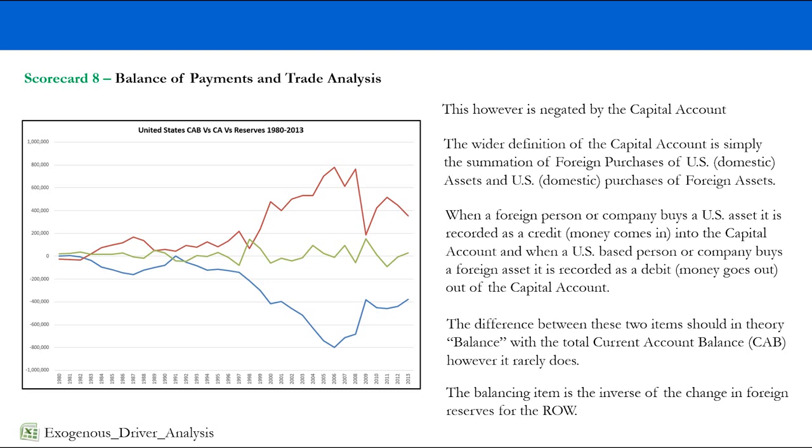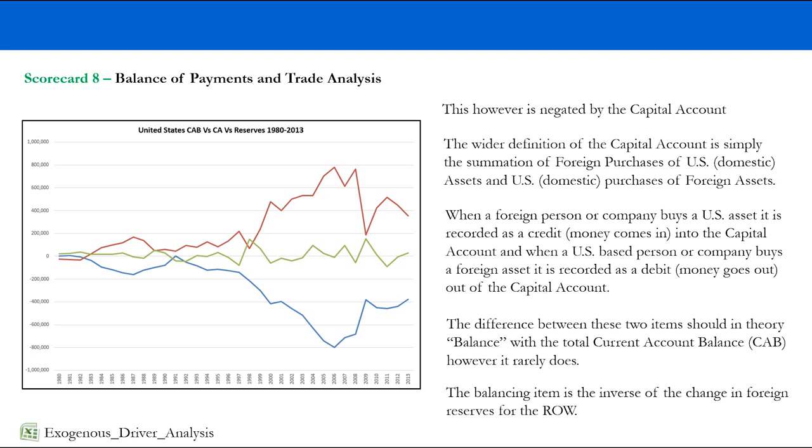Basically, when a foreign person or company buys a US asset in the United States, they pay for it in dollars. It is recorded as a credit. Money is coming into the United States and into the capital account. And when a US-based person or company buys a foreign asset, they pay for it with foreign currency reserves, so in the foreign currency, and it's recorded as a debit in the capital account.